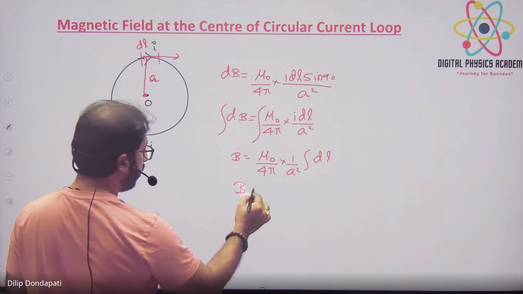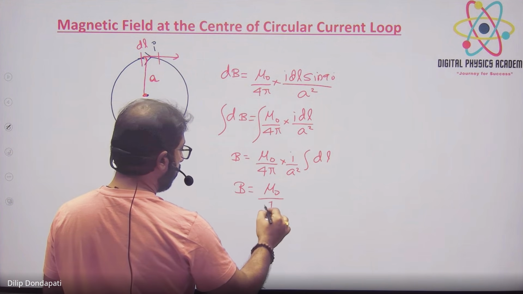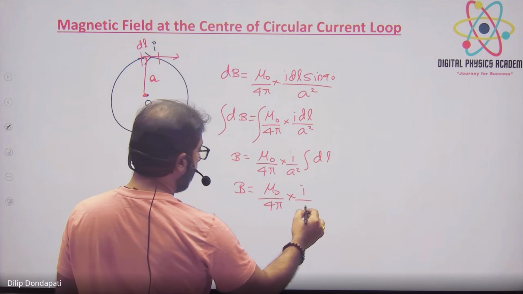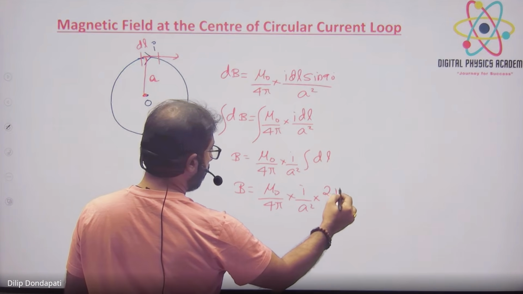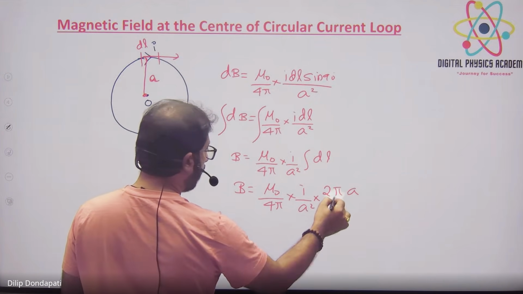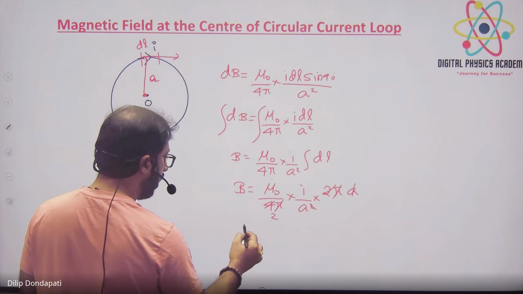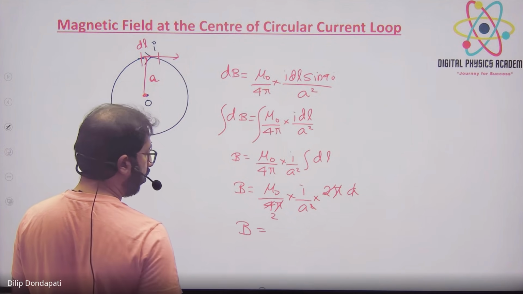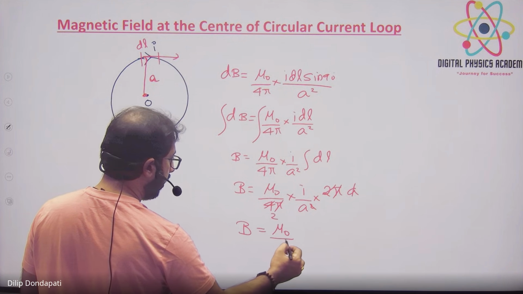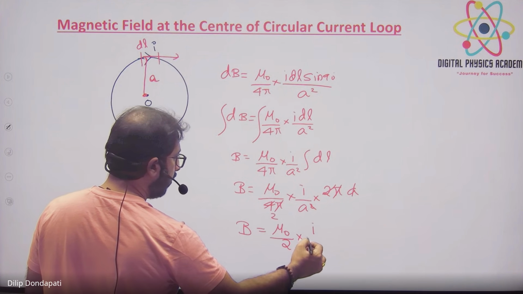So B is equal to mu naught by 4 pi into I by a square into 2 pi a. So pi cancels, a cancels, 2 cancels. Therefore the magnetic field due to a circular loop is mu naught by 2 into I by a.